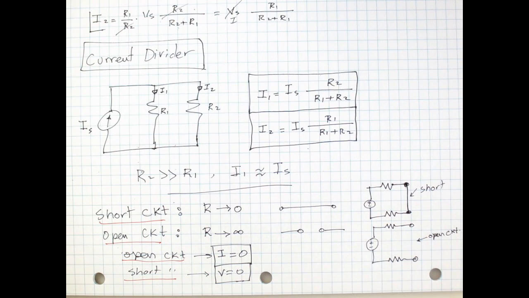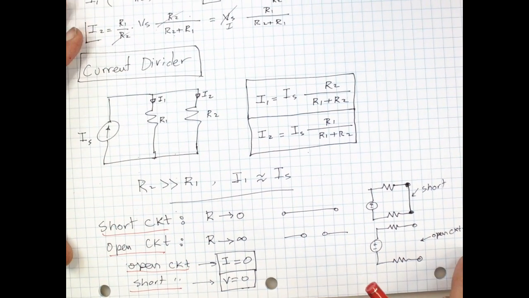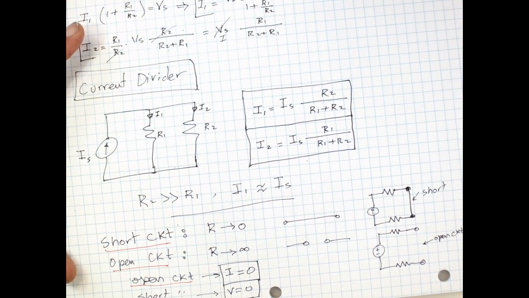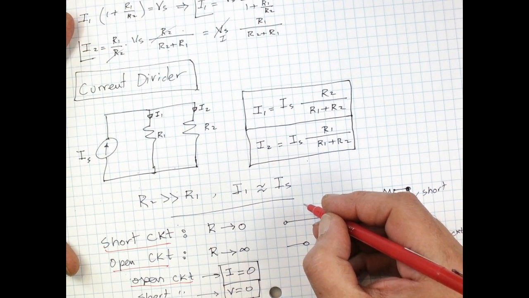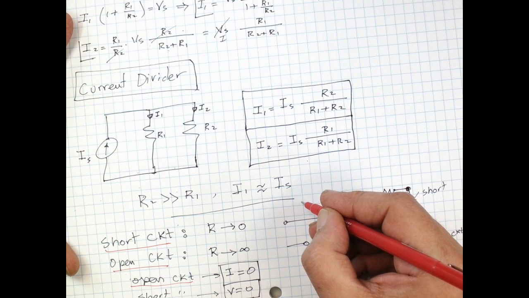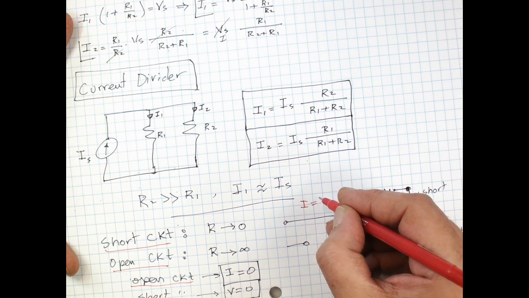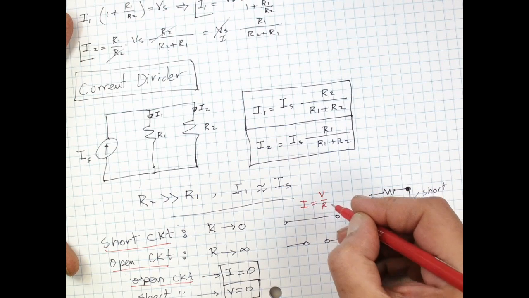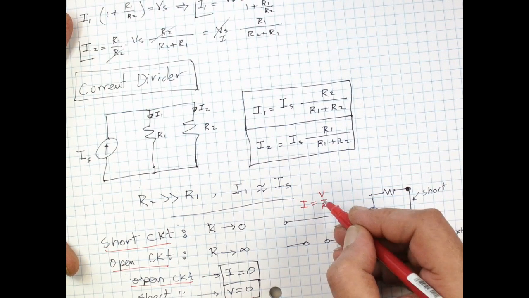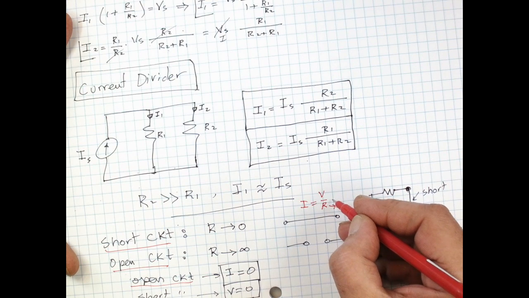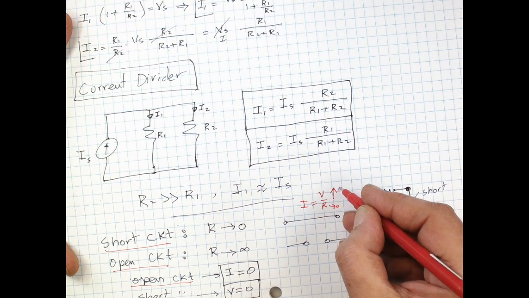Now, by the way, the reason that sometimes when you have short circuits you have fires and so on follows from Ohm's law, because I is equal to V over R. Notice that as R goes to 0 and V stays constant, I will go to infinity.